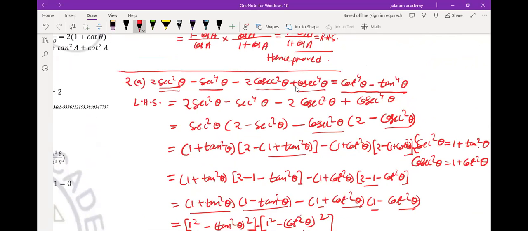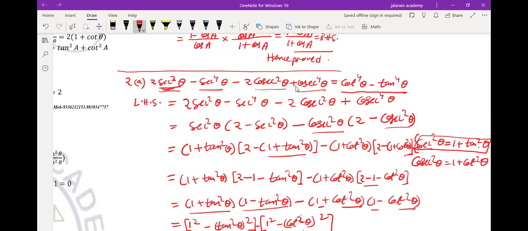Means only two things are there. Two trigonometric ratios are there, sec theta, and it is also in all even powers. That is, we can have sec square theta, and whenever there is sec square theta, we have to keep one thing in mind, that we can use here the square identity, sec square theta equals 1 plus tan square theta, which we have used also.